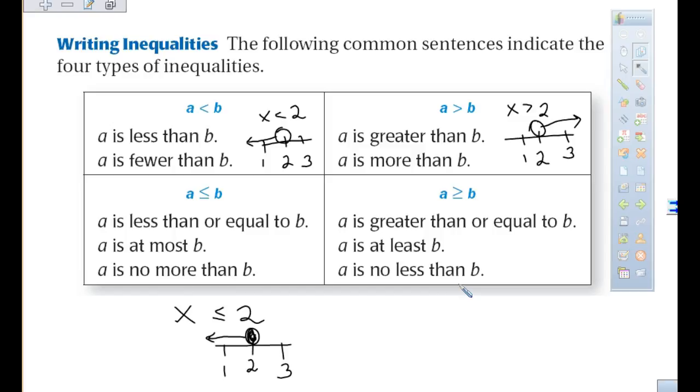Your permit that some of you will soon be getting in the next couple of years, right? So if it says you have to be at least 14, you cannot be 13. And if you go to vote and you're 17, they are not letting you vote. You have to be at least 18, right? That means you have to be greater than or equal to, and instead of 2 here, we could use 18.